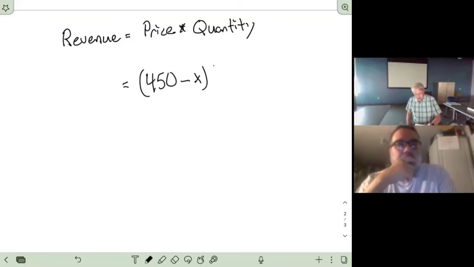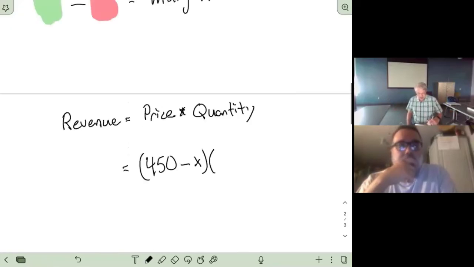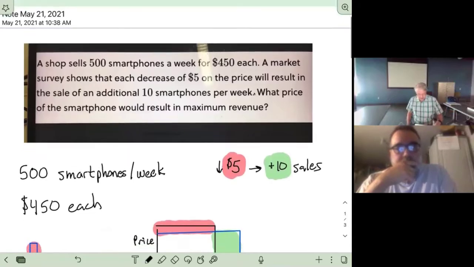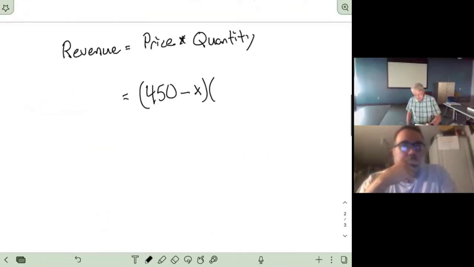And then the quantity that we sell at 450, did they say 500 smartphones? But every time we lower the price, we get 10 more.